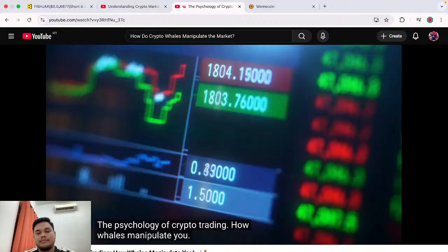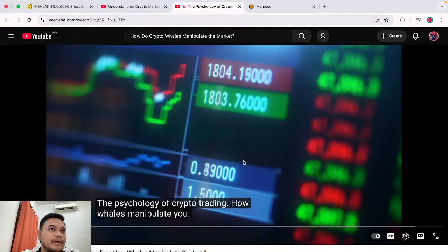Whales are an individual or a company that pumps a large quantity of money so that they can turn the price to become less in demand, right? Then that's how they manipulate, and then they will buy the market again for their own benefit.